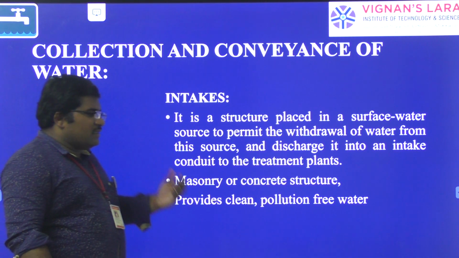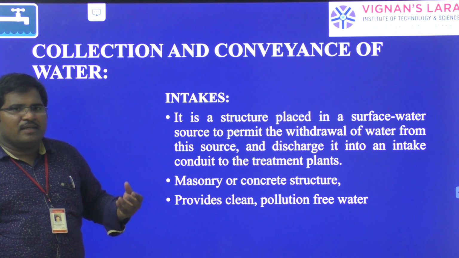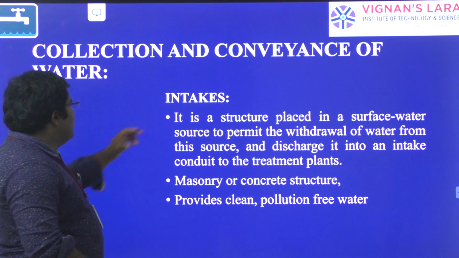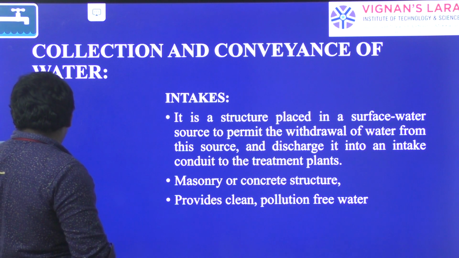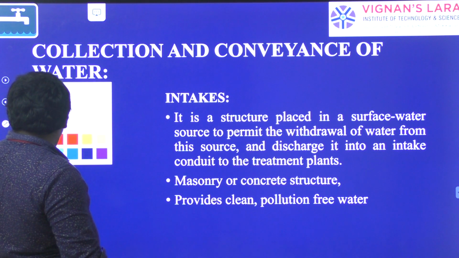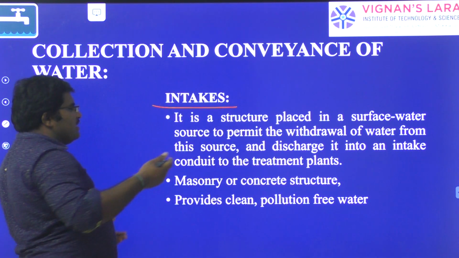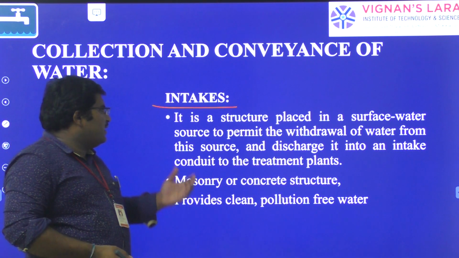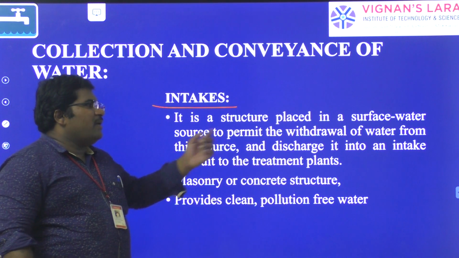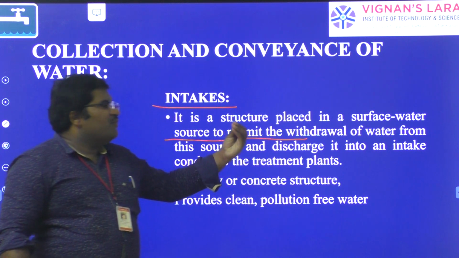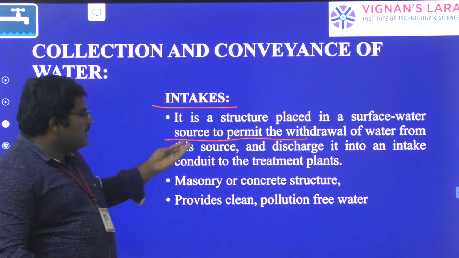The structure which is built near the source to collect the water from the source is called an intake. So that is the collection system or collection structure. It is a structure placed in a surface water source to permit the withdrawal of water from the source.